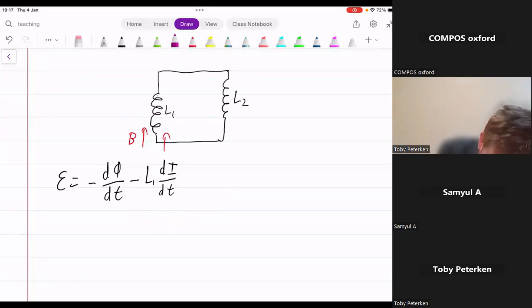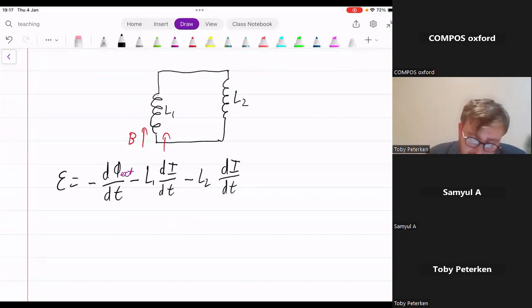And in fact, I'm going to put a little external on this phi, because it's the flux caused by the external magnetic field. And then we have minus L2 di by dt. Notice they all have the same sign.